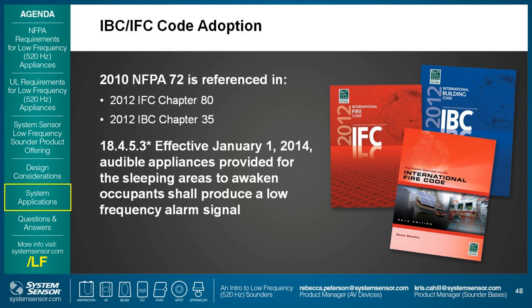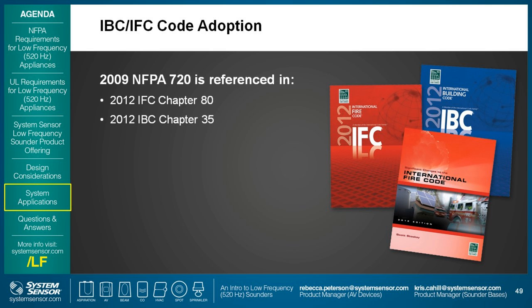That means if you're in a state or region that follows the 2012 edition of the IBC and IFC, any sleeping space design that you may be working on may be required to comply with low frequency requirements. And for the 2009, NFPA 72 is referenced in Chapter 80 and Chapter 35.